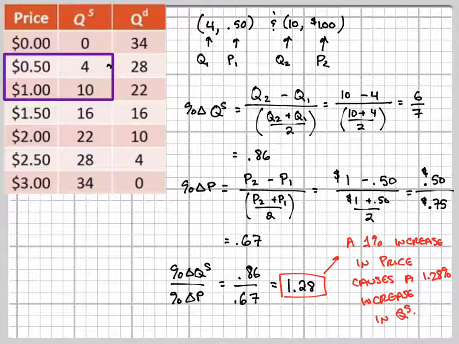So I want to think, finally for these notes, a little bit about the different values that the price elasticity of supply can take.